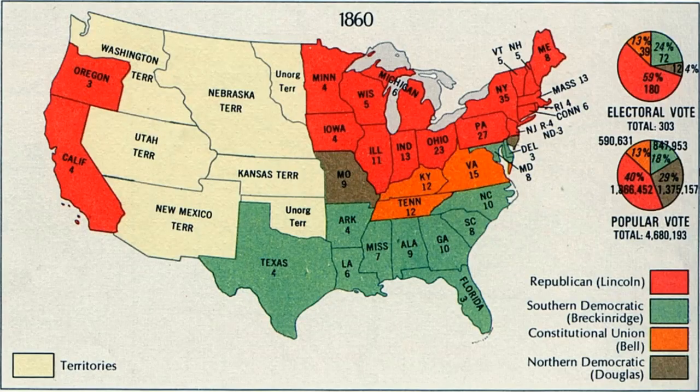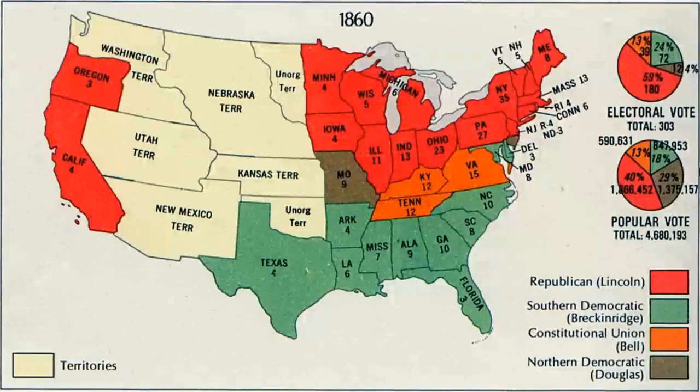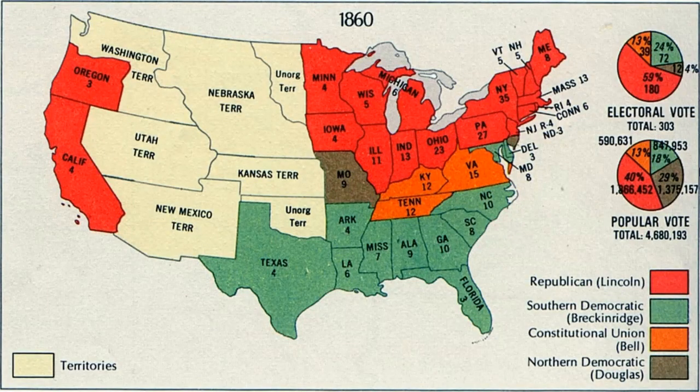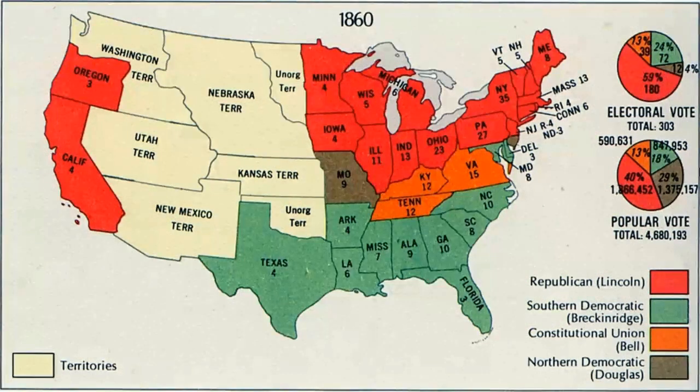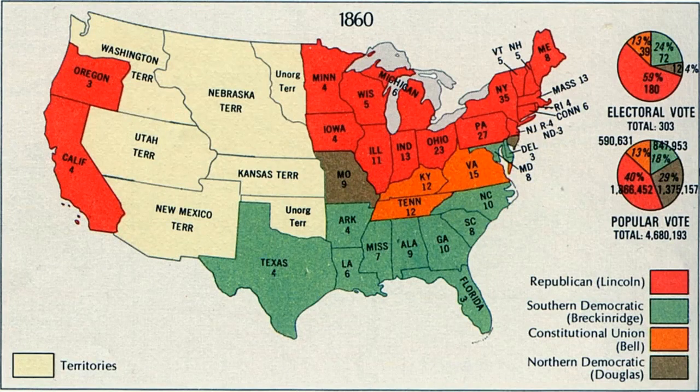Here's the election of 1860 map. You'll notice very strongly in the North, you see a lot of Abraham Lincoln votes. He does get the needed number of electoral votes in order to become president.